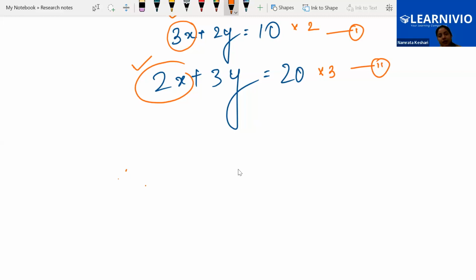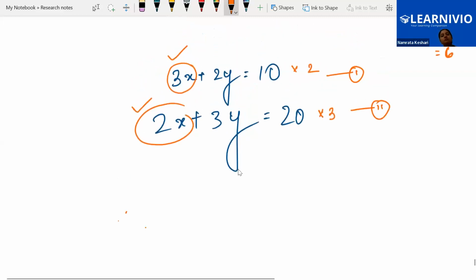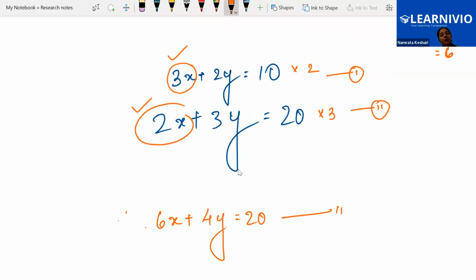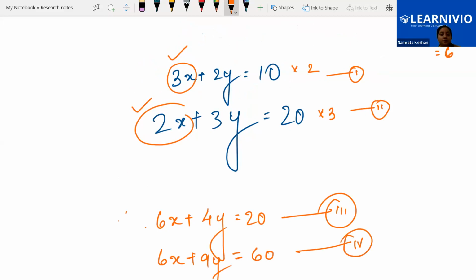If we multiply equation 1 by 2, it will become 6x plus 4y equals 20, and equation 2 will become 6x plus 9y equals 60. Are you getting my point, Aisha? Yes.